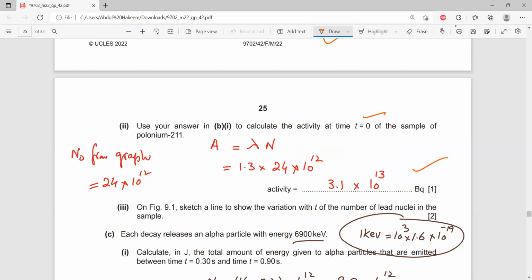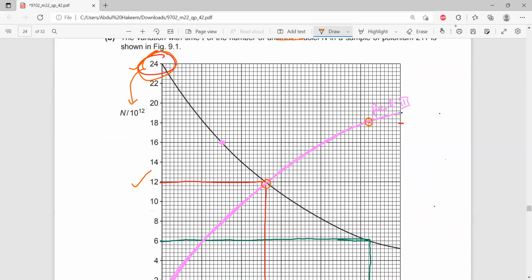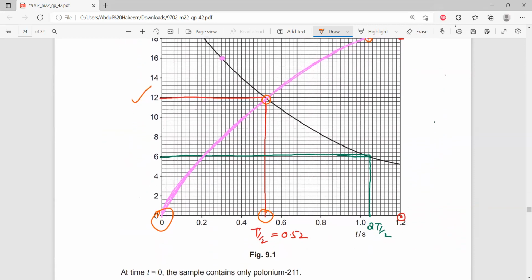Sketch the line to show the variation with time t of the number of the lead nuclei in the sample. So the polonium is converted into the lead, okay? So look at the graph. After 1 half-life, half of the polonium, mean 12 out of 24 converted into the lead. So initially there is no lead.